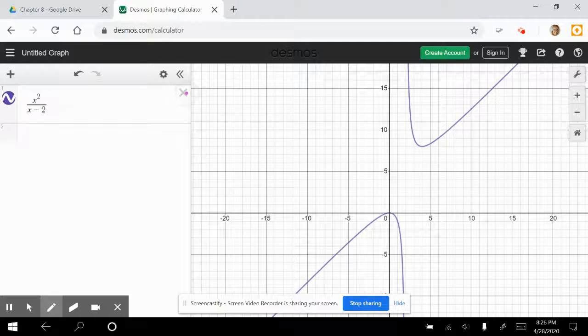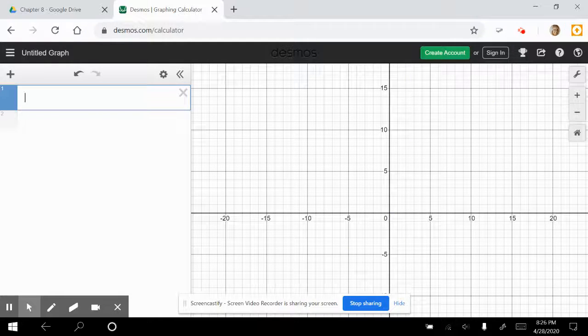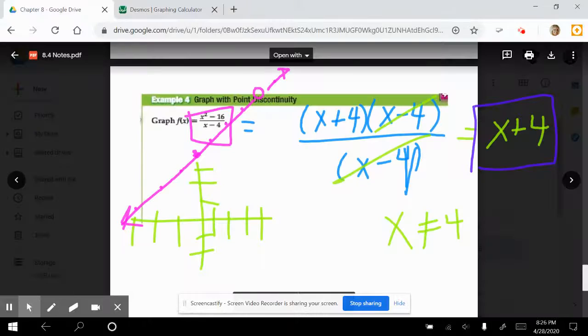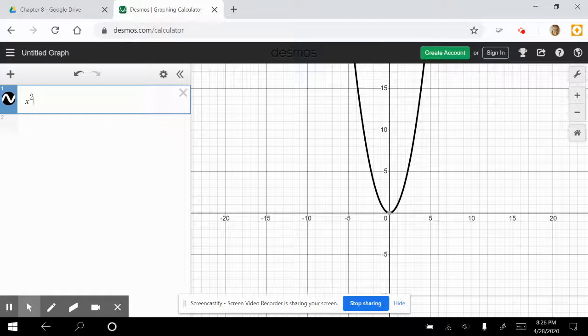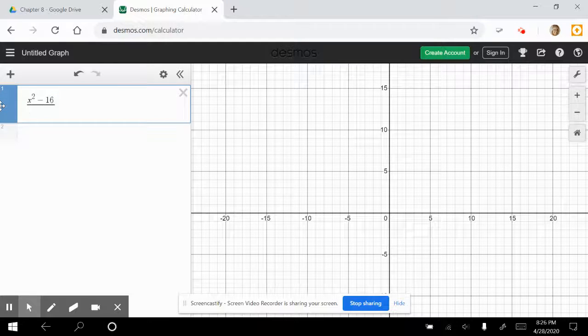So let's look at it on Desmos and see, and I can show you what I mean by it's a little hard to find. So it's x squared minus 16, and that whole thing divided by x minus 4.